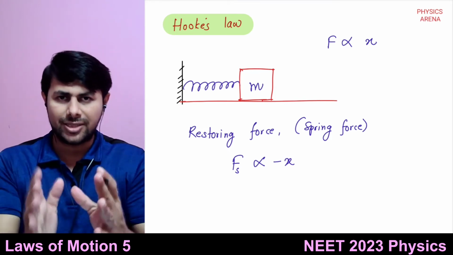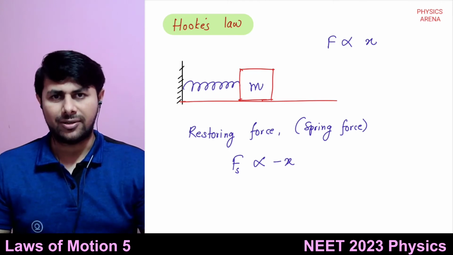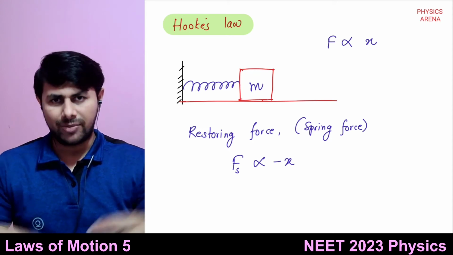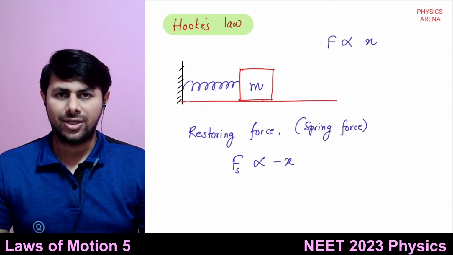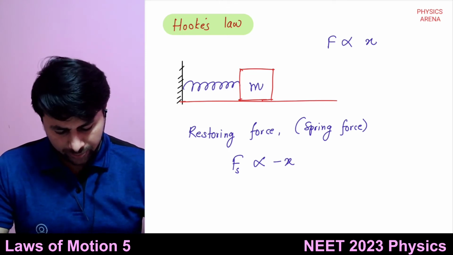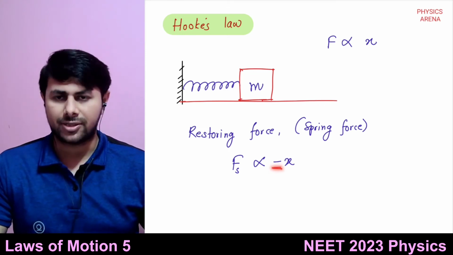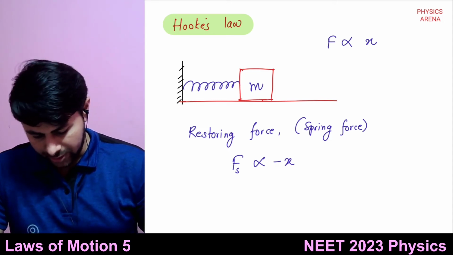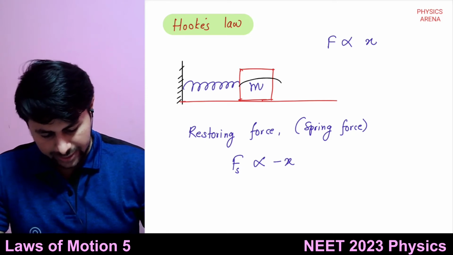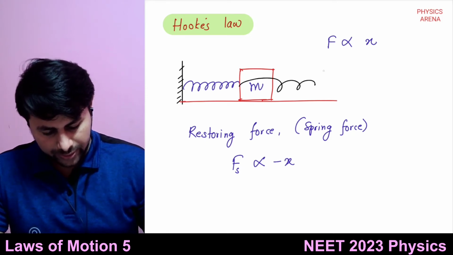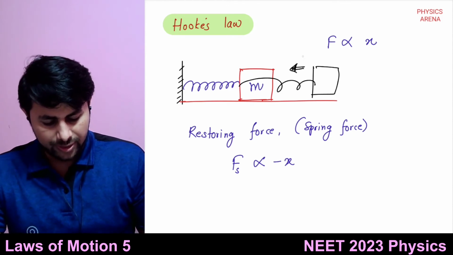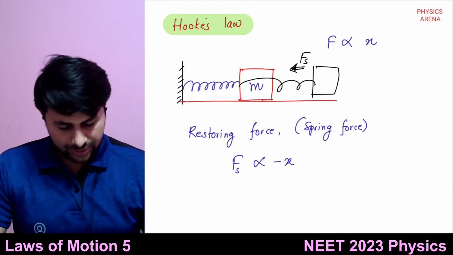If you compress it, it wants to expand, and if you stretch it, it wants to come back to its initial shape and size. So if you stretch it like this, displacement is towards right, the restoring force will be towards left, right?